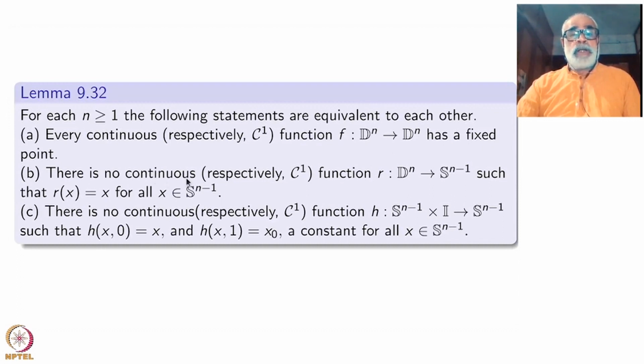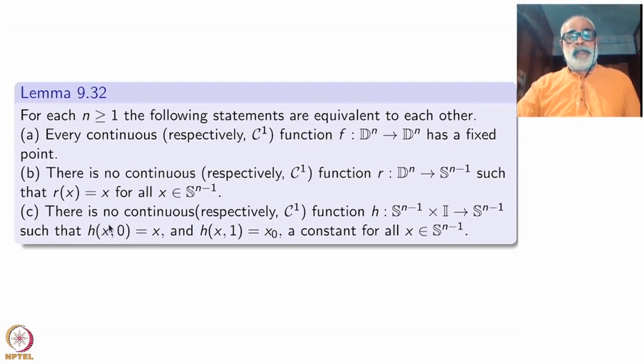(B) There is no continuous, respectively C1, function R from Dn to S^(n-1), so the codomain has changed here, pay attention to that, such that R(x) = x for all x inside S^(n-1), that is the boundary of Dn. Such a map R is called a retraction of Dn onto S^(n-1). We don't need that word, but just for your information I am telling you that.